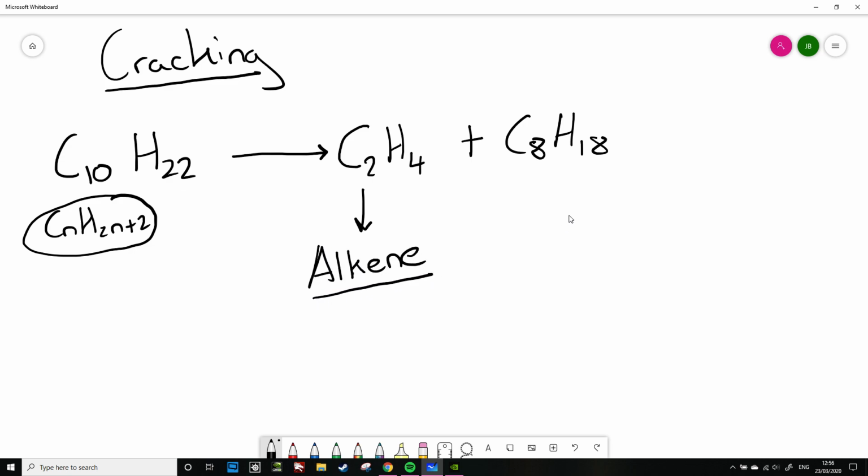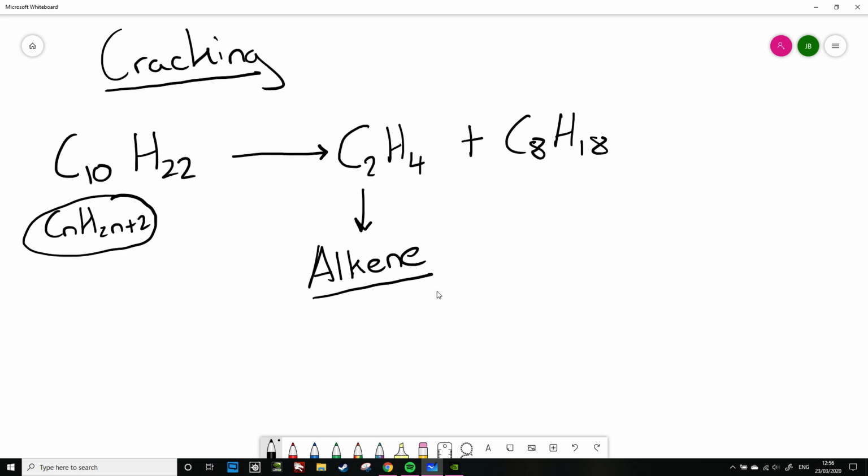And I'll talk a little bit about those in a moment. But this is one example. We could have done C3H6 and C7H16 if we wanted to. But as long as all the carbons add up to 10 and all the hydrogens add up to 22, it doesn't matter what we draw here.